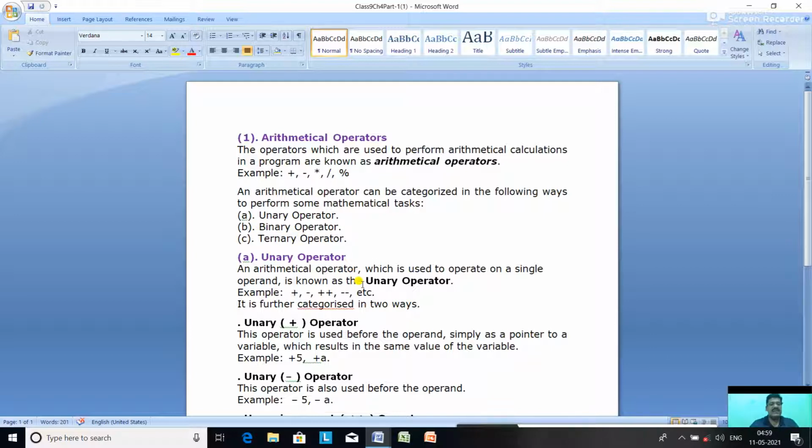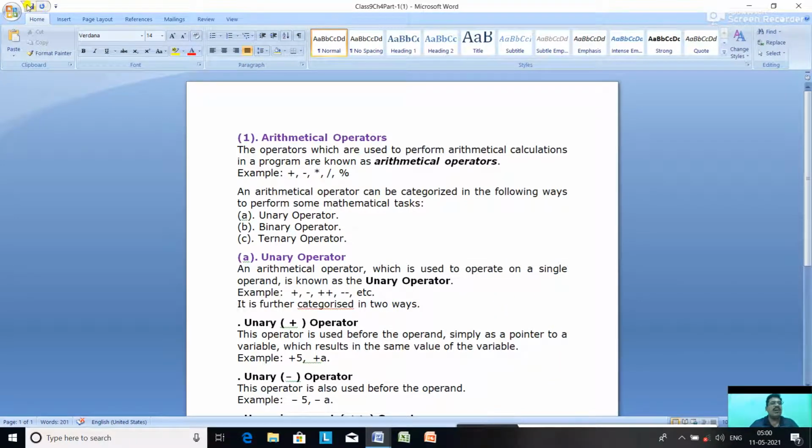Now what is the unary operator? An arithmetical operator which is used to operate on a single operand. So the operator will be one and the operand also will be one.